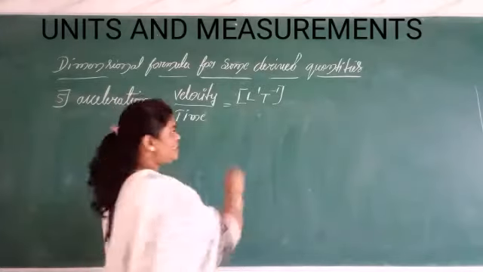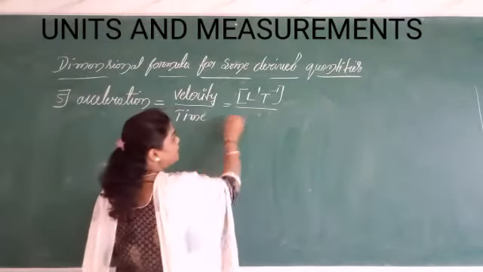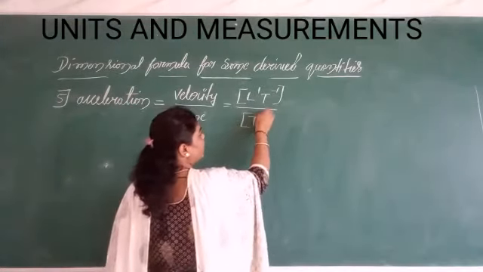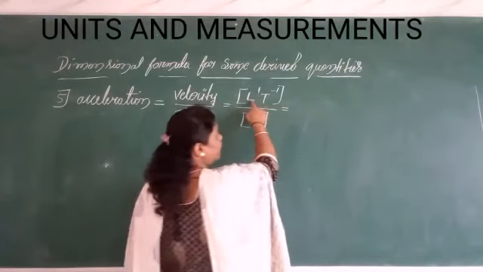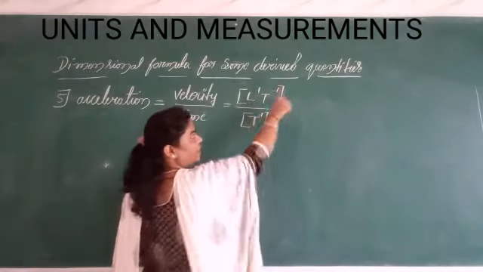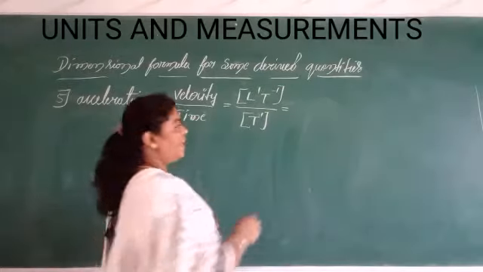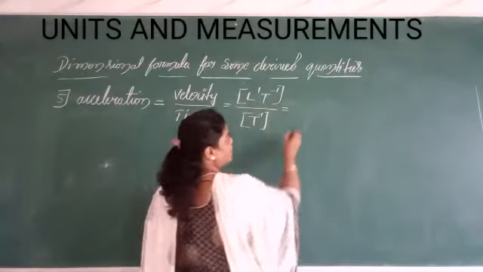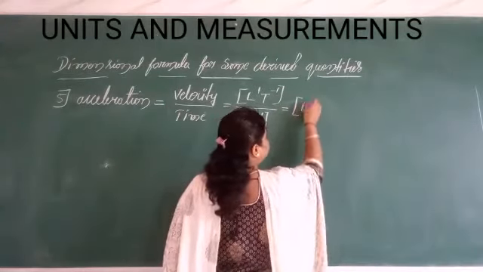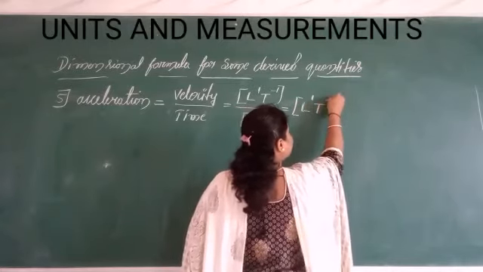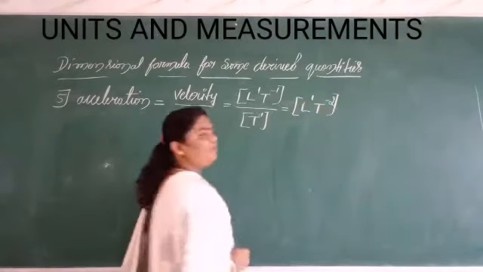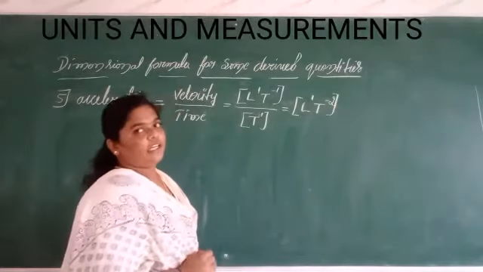In the denominator, time again is t1. If we take it to the numerator, it becomes minus 1, and minus 1 minus 1 is minus 2. It is L1 t minus 2, the dimensional formula for acceleration.